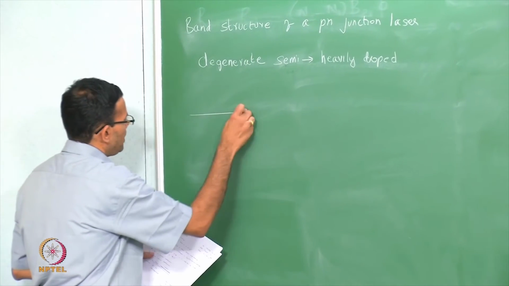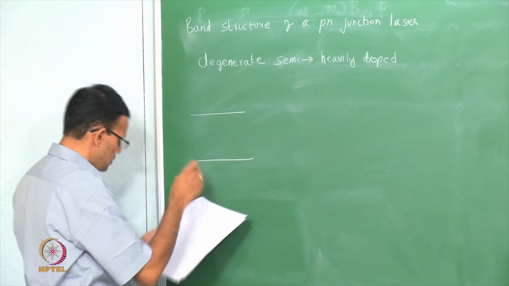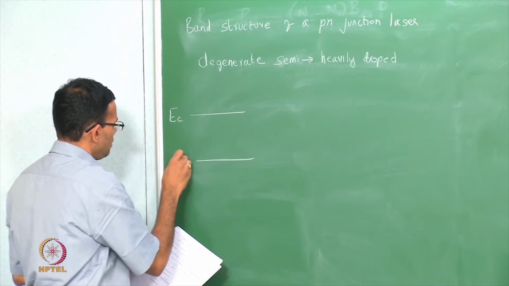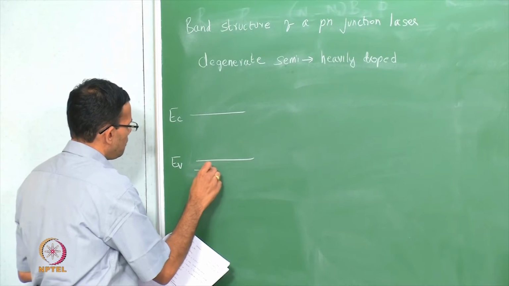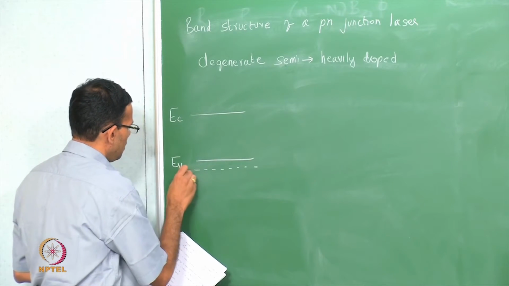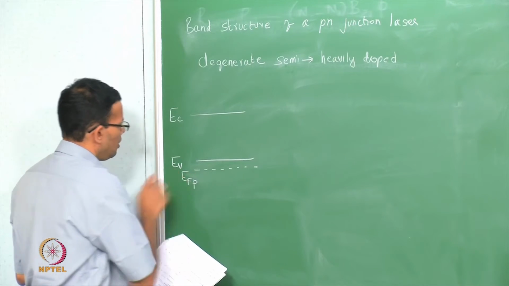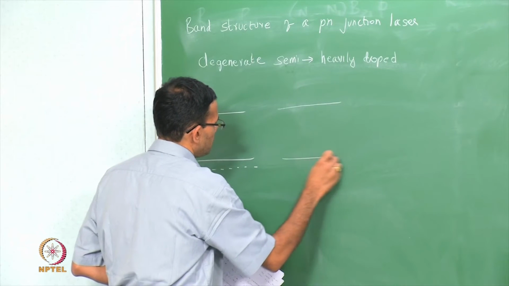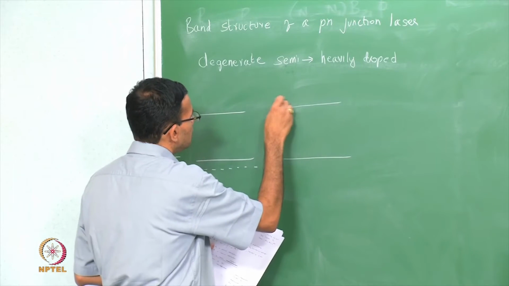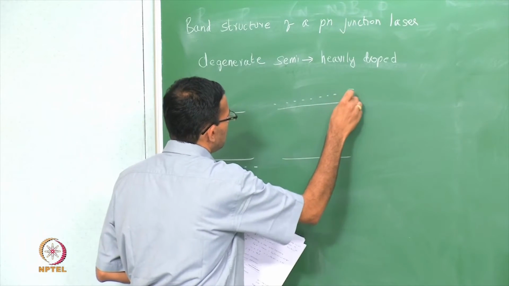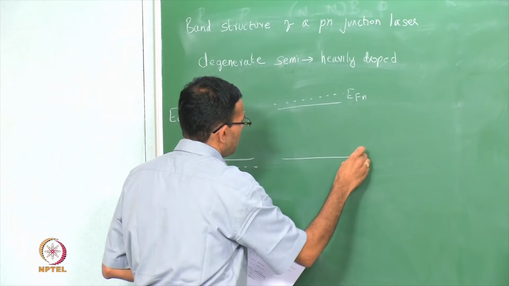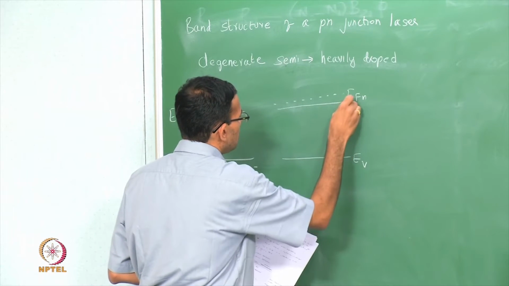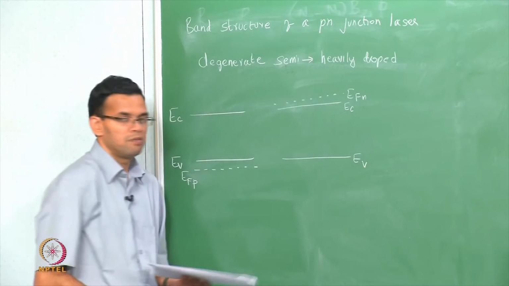So, we can have a p side, this is EC, EV, and the Fermi level lies within the valence band. Similarly, you can have the n side where the Fermi level lies within the conduction band.